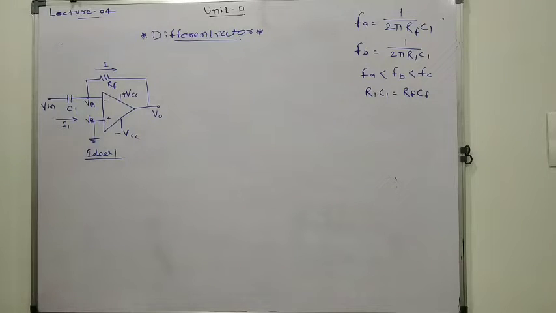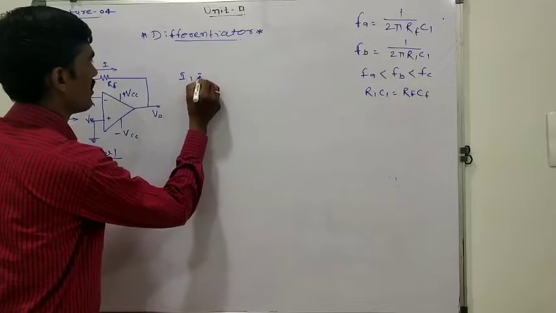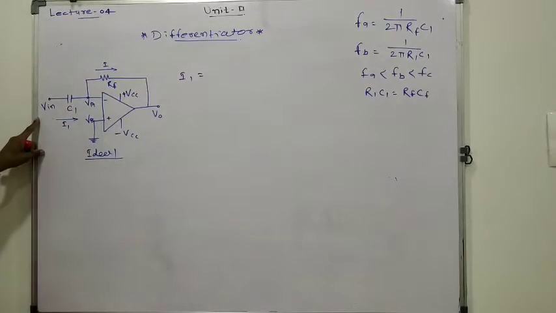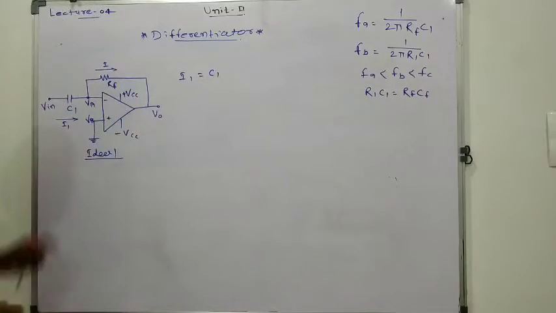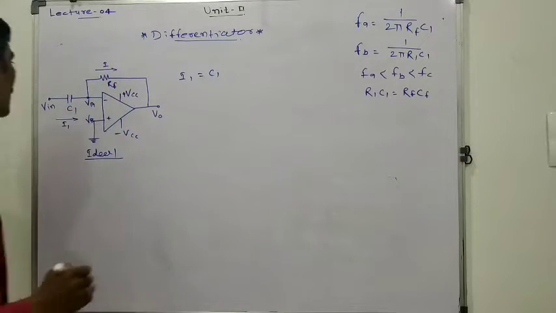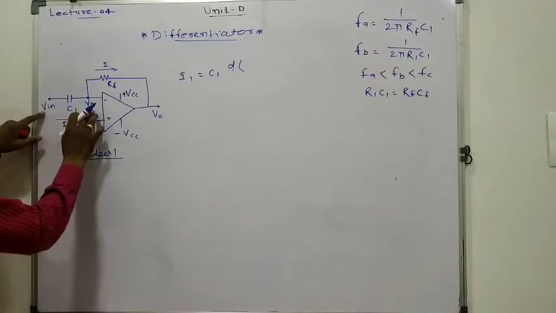So we can calculate I1 as equals to what? I1 is nothing but C1 into the differentiation of the voltage available across the capacitor.